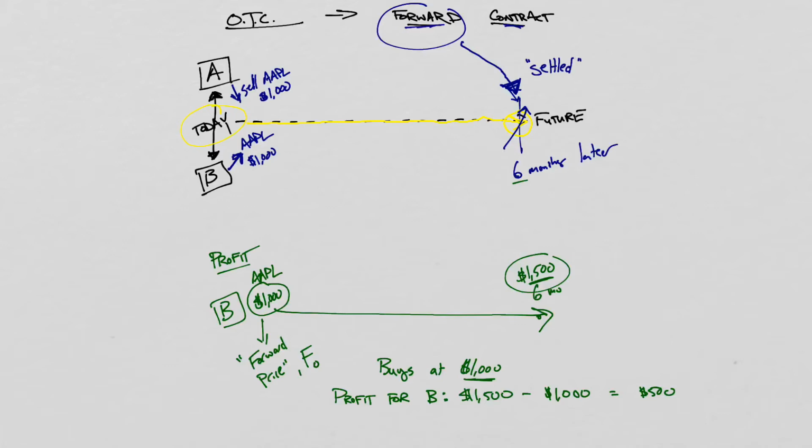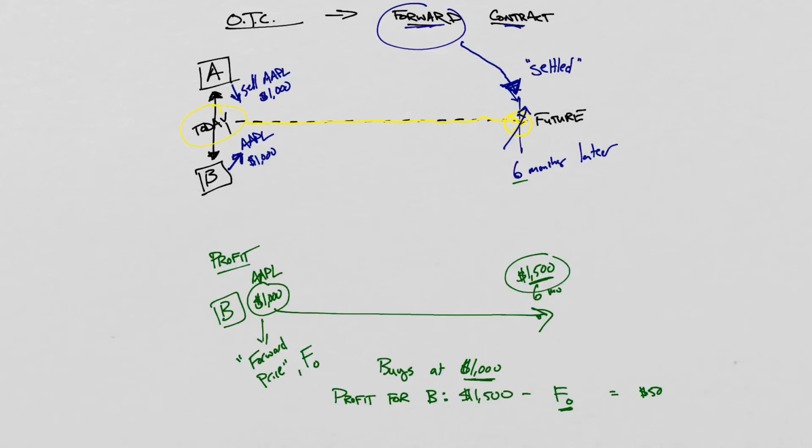But let's generalize this formula here for the profit and loss. So for B, remember that they agreed on this forward contract price of $1,000. That's the forward price at the beginning of all this.